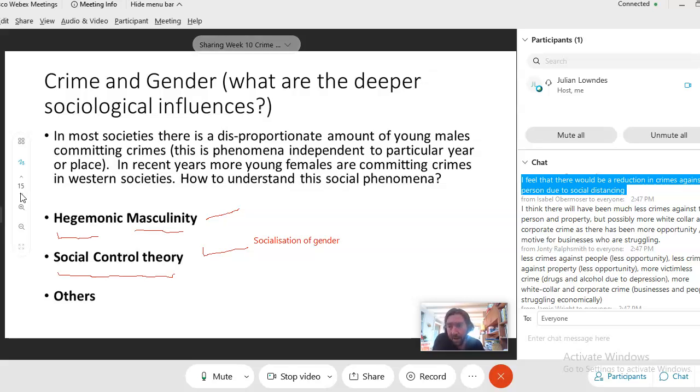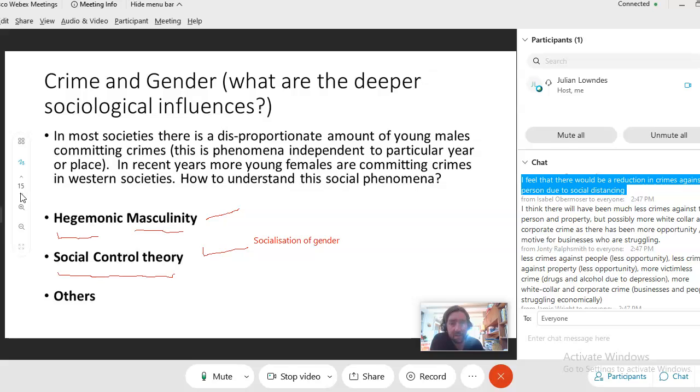We also talked about a really interesting short documentary looking at crime and gender, unpacking some of the key trends and statistics over the years.